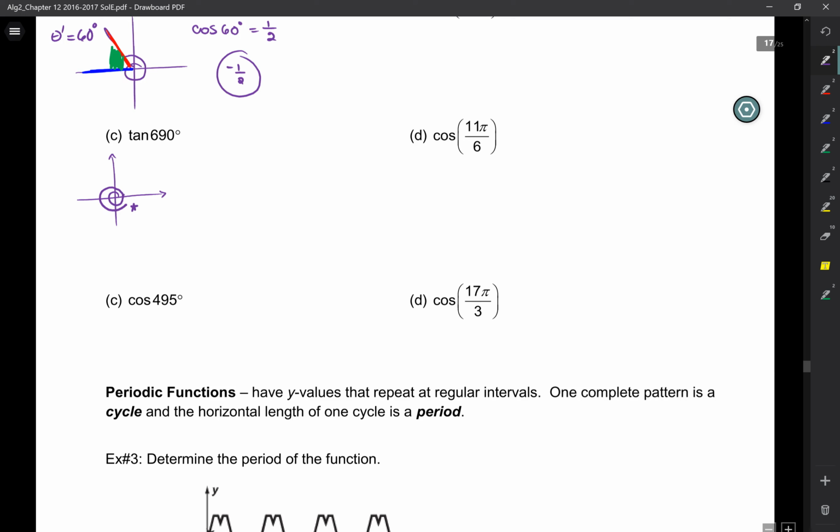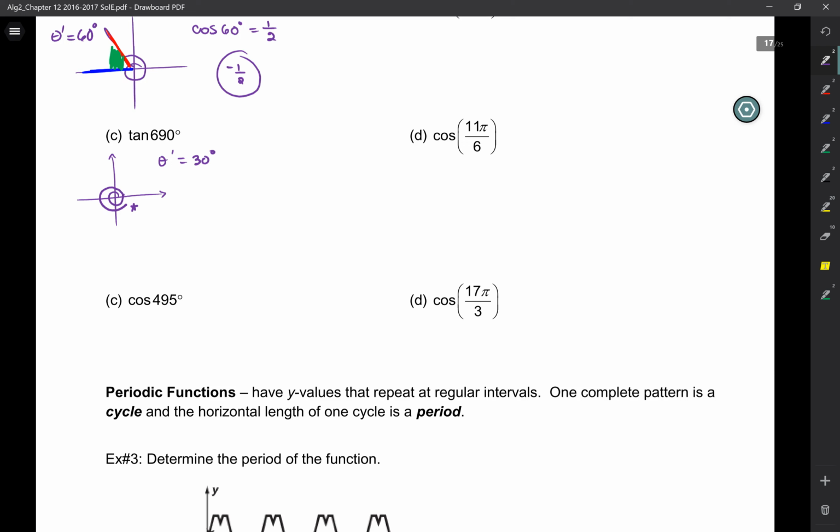That means I'm in quadrant 4. Now, what's the reference angle? If I stop at 330, the reference angle is 30 degrees. Is that the smaller or the larger angle? Smaller. It faces the smaller side.